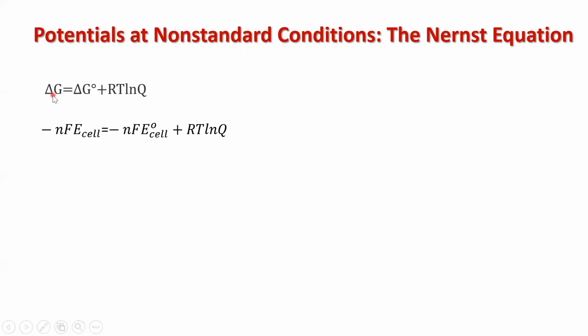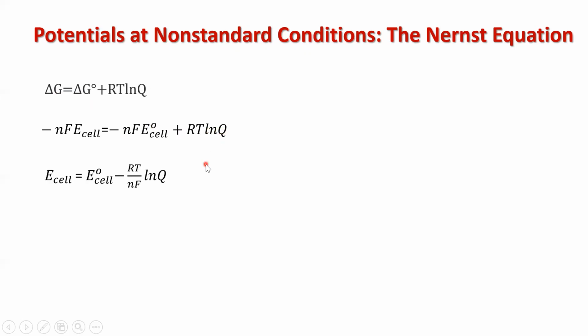So we can substitute in for delta G, negative NFE, not at standard conditions. We can substitute in for delta G naught, negative NFE at standard conditions, plus RT ln of Q.